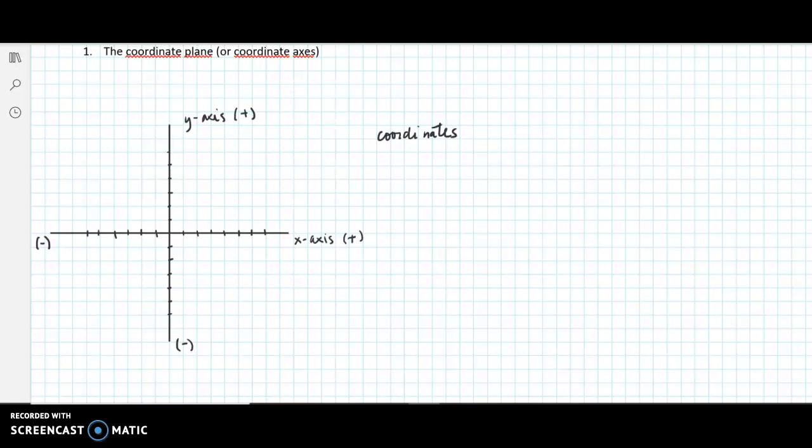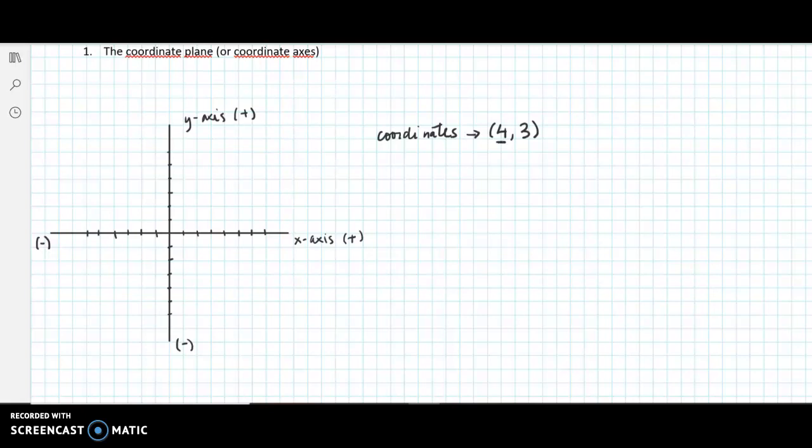The coordinates are formed by two numbers, a pair of numbers, for example, the 4, 3, right? And these two numbers are separated by a comma, and at the end and at the beginning we have brackets, we have parentheses, right?